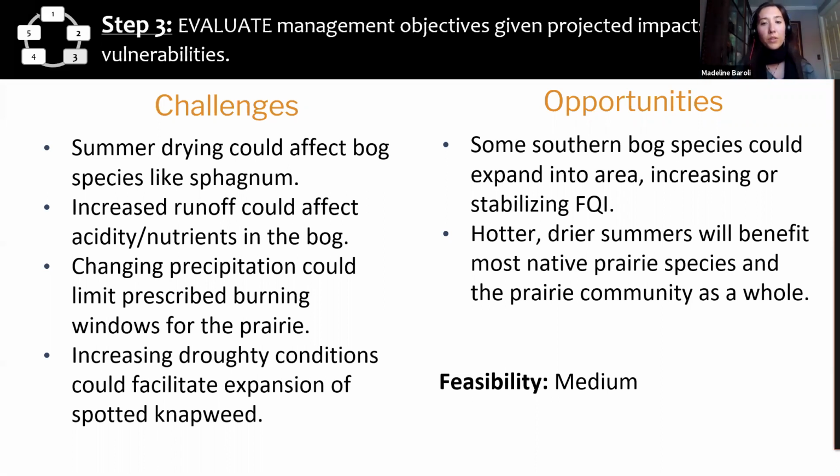Given all of those challenges and opportunities, they rated the feasibility of those objectives and decided on an overall feasibility score of medium. In the end, they decided that their goals and objectives were still feasible enough, and they didn't go back and change anything. They were just sitting at that moderate feasibility level.